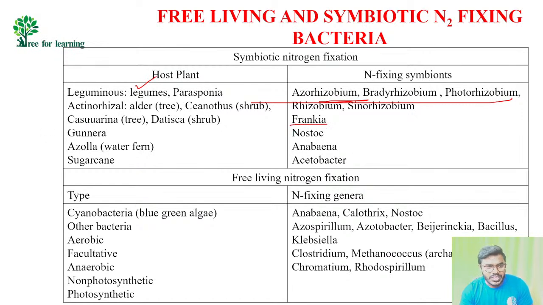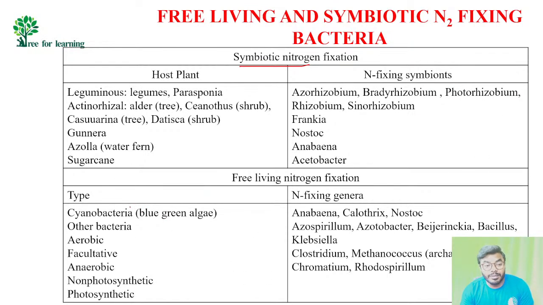Frankia, associated with Casuarina tree. Nostoc, associated with Gunnera. Anabaena, with Azolla. Acetobacter, with the sugarcane. These are all what bacteria? Symbiotic nitrogen fixing bacteria.